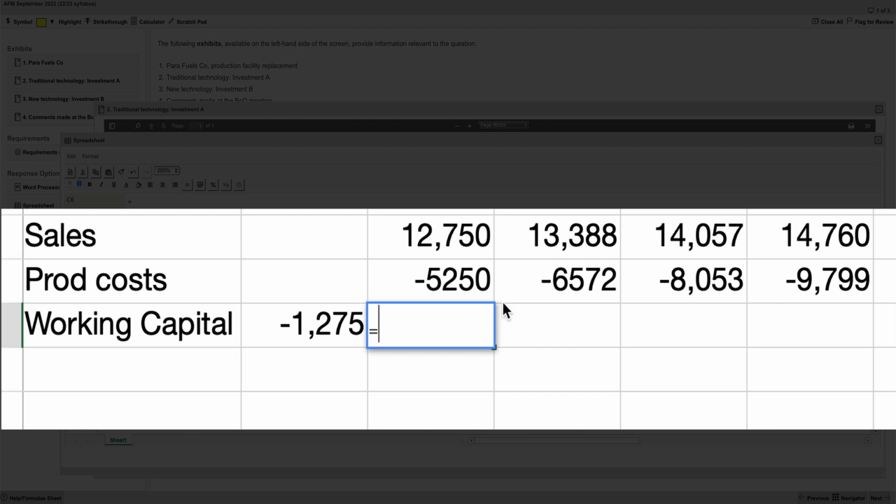Year 2, minus 0.1 times by that, less what I've already put in. Year 3, minus 0.1, 10% of sales, less what I've put in.